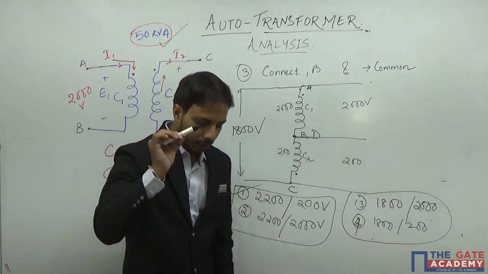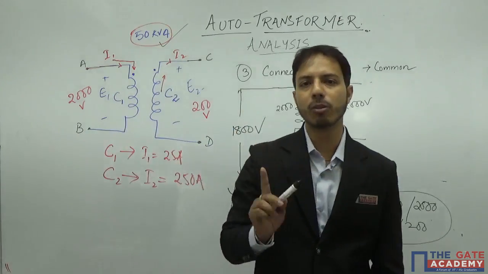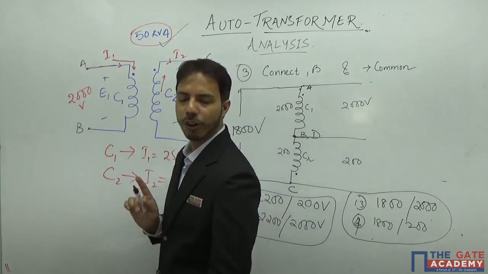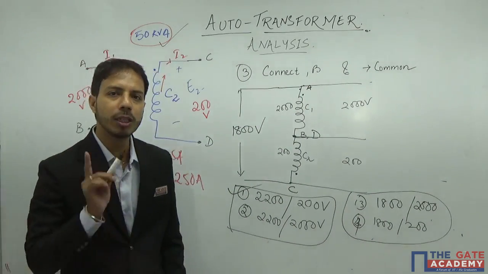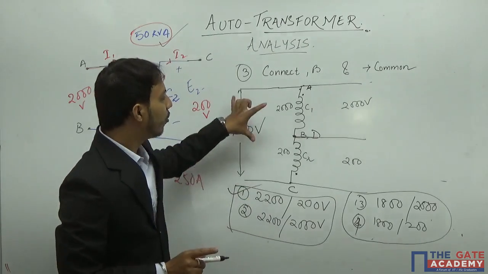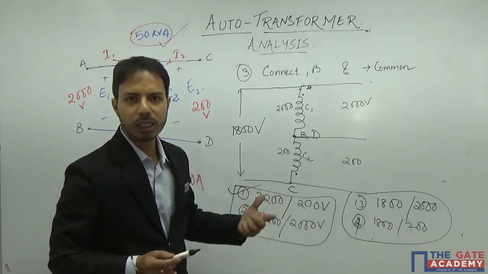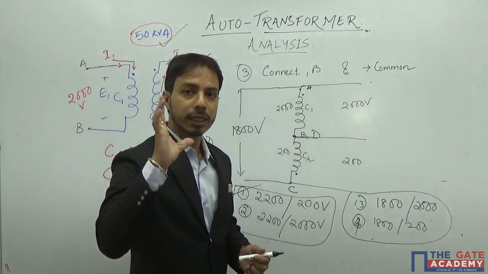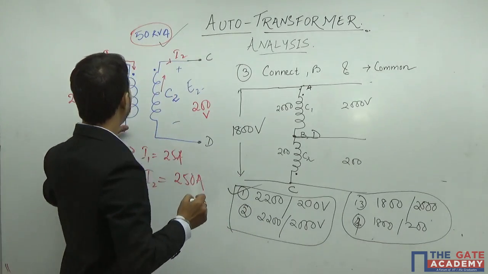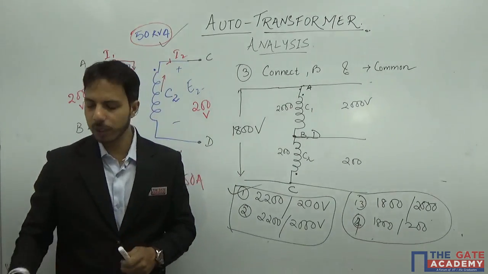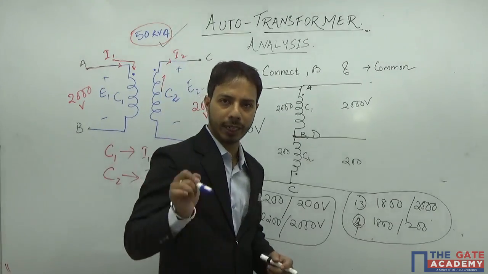Now before I go there, there is one basic rule that we will apply to find out the kVA. We have learned how to find the voltage, and voltage finding is very simple. The thing that we have to see is where coil 1 is and where coil 2 is, and what the current will be in coil 1 and coil 2.